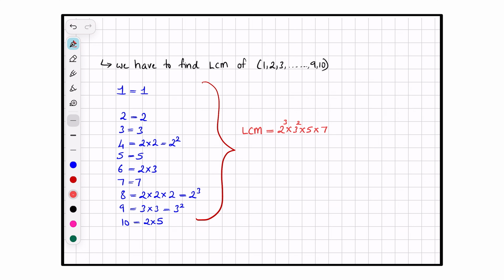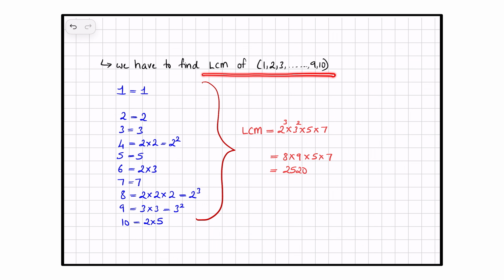For 5 and 7, it is simply 1 as the highest power. So let us calculate. It will come to be 8 into 9 into 5 into 7, or the final answer is 2520. Therefore, option D is the correct answer. 2520 is the LCM of all these numbers.